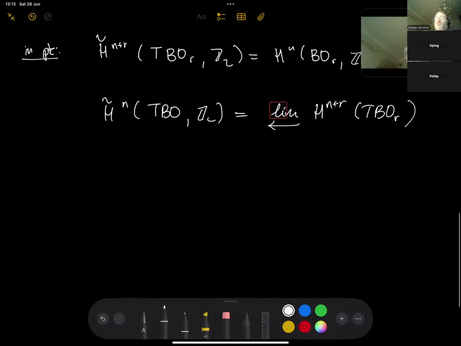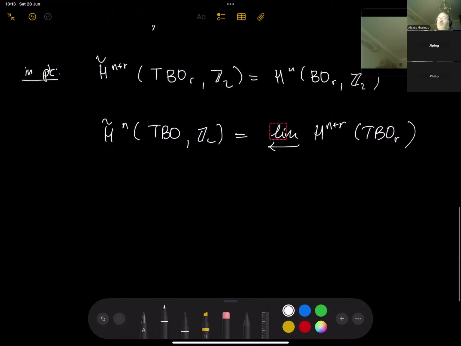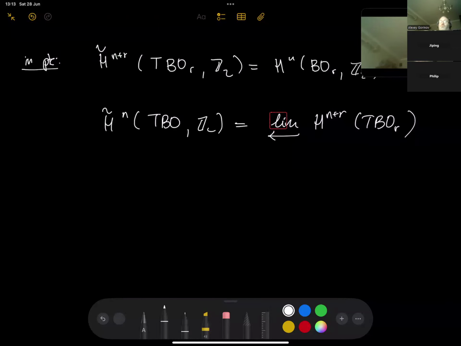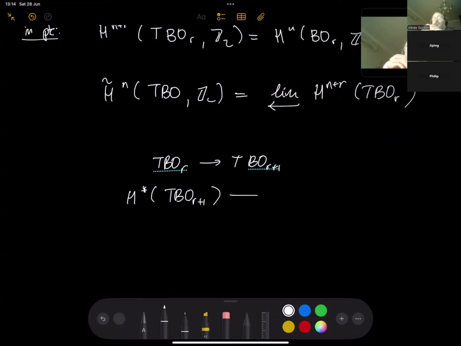Perhaps it's worthwhile to say with respect to which maps. Yes. So my understanding was that we have TBO(R) included in TBO(R+1), and so this induces maps in the other direction. Well, we need to use the structure maps of the spectrum in some way.